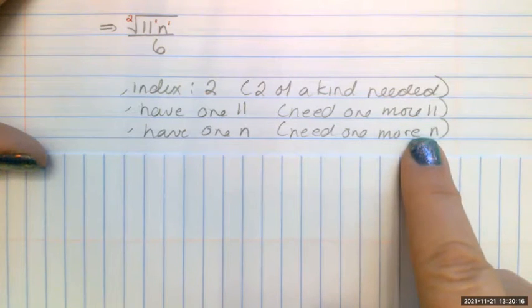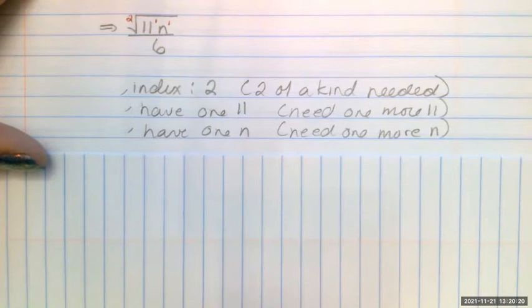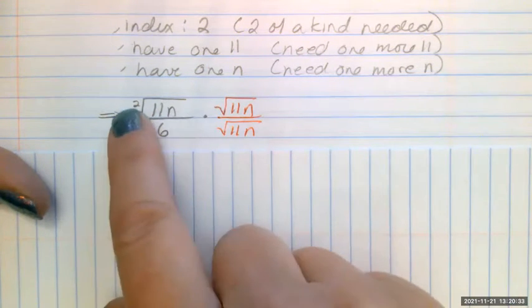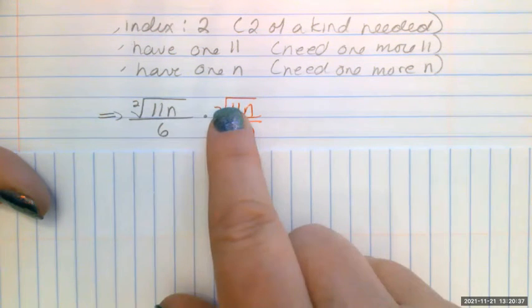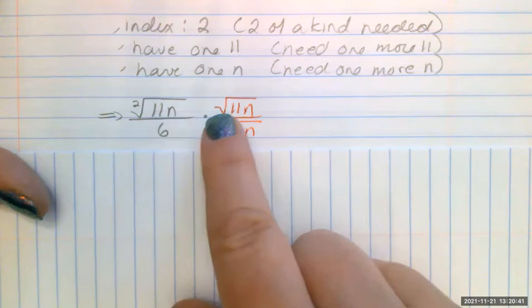What I need is going to go into the radical I'm going to multiply top and bottom by. Let me show you. Again, I multiplied by another square root because this is a square root. Whether the 2 is there or not, that means the same thing. I have 11 and n, I need 1 more 11 and 1 more n.